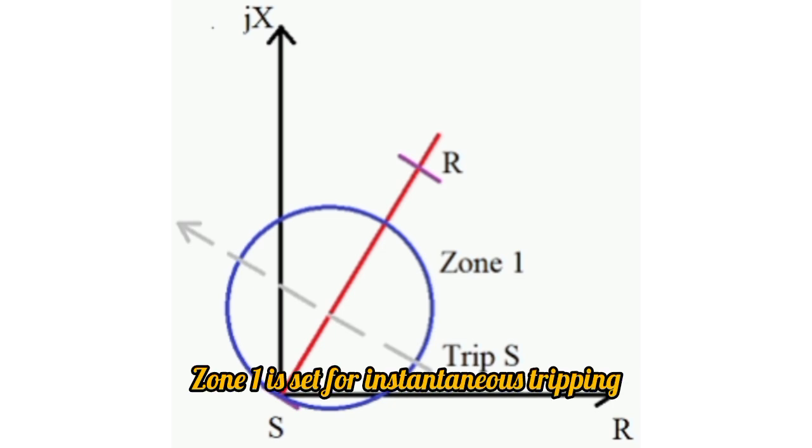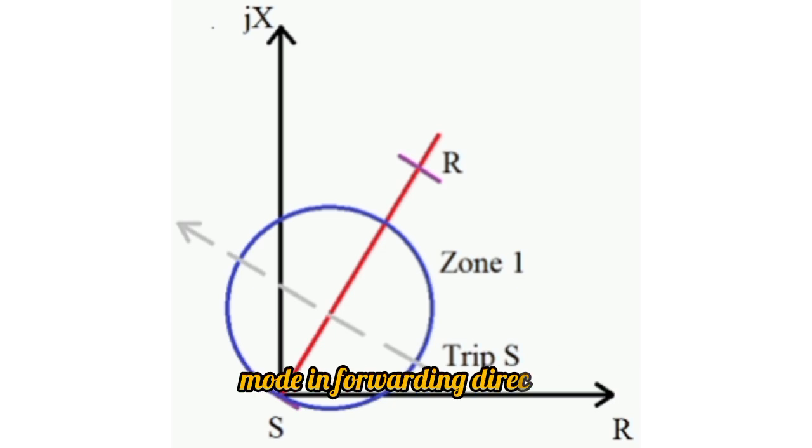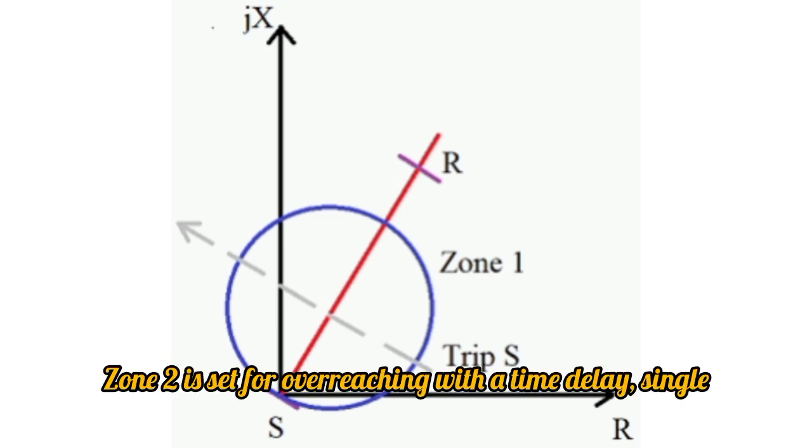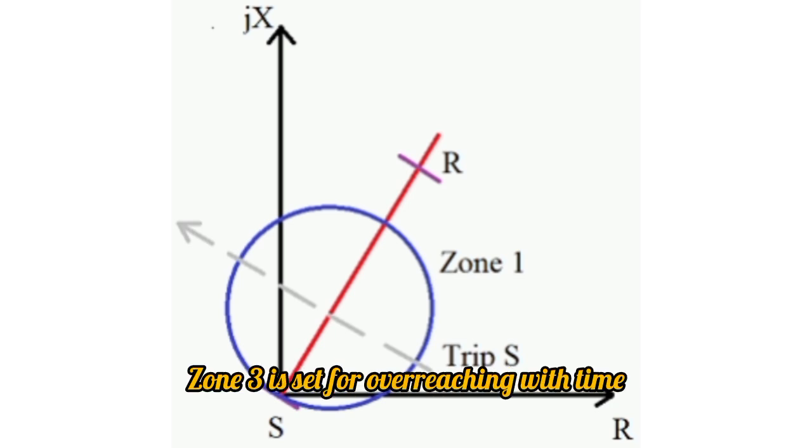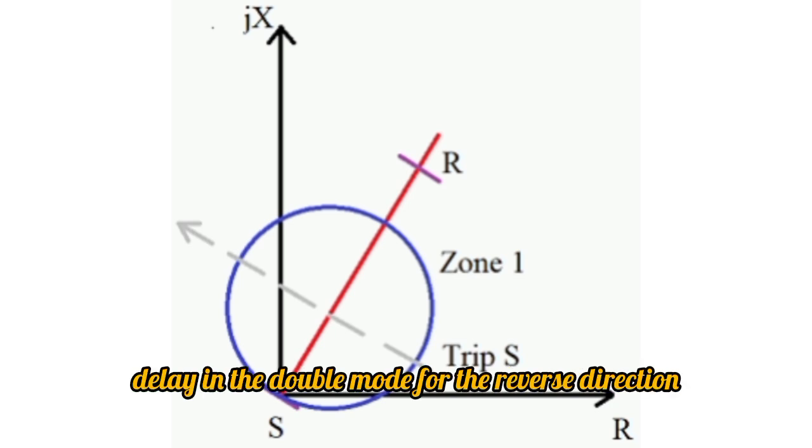Zone 1 is set for instantaneous tripping mode in the forward direction. Zone 2 is set for overreaching with a time delay, single, in the forward direction. Zone 3 is set for overreaching with time delay in the double mode for the reverse direction.